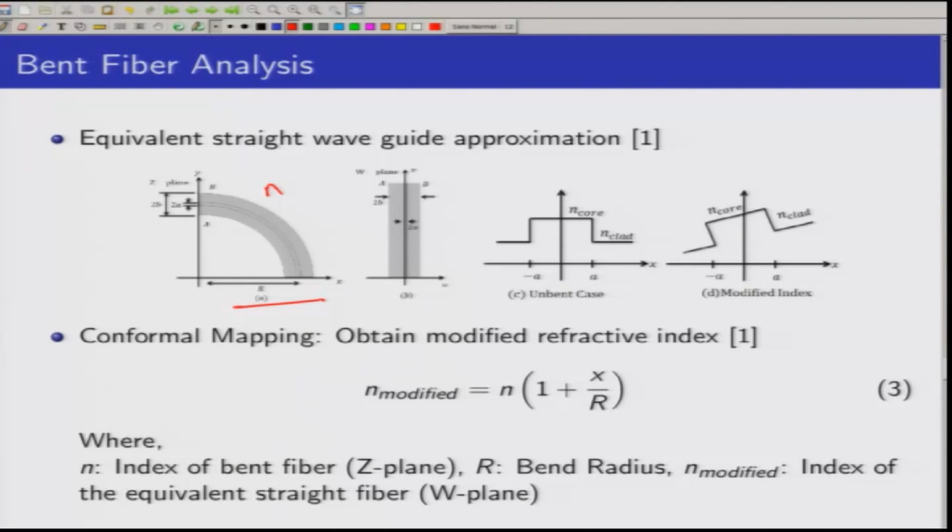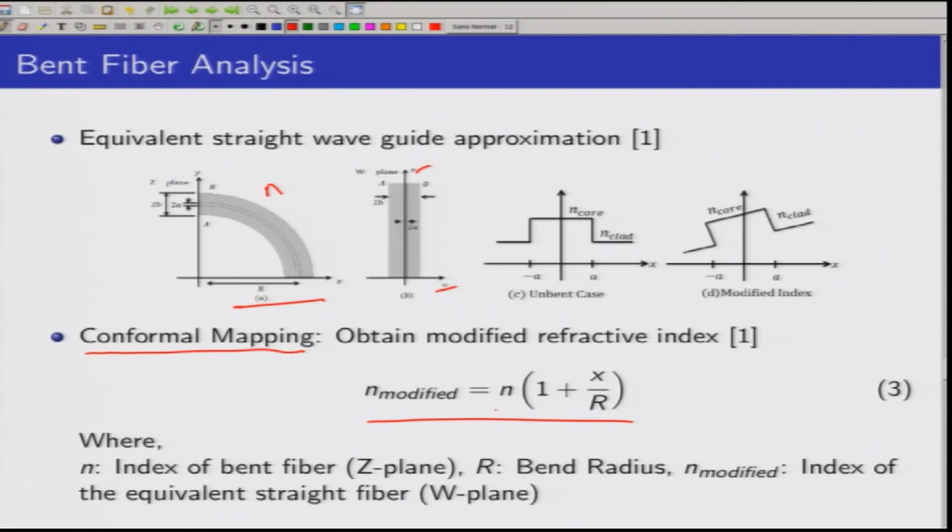Now, we are going to map this optical fiber into an equivalent straight waveguide in a new uv coordinate system. We obtain the refractive index of this equivalent straight waveguide by following a technique called conformal mapping. When we do that, we obtain the modified refractive index given by equation 3, which is n into 1 plus x by r.